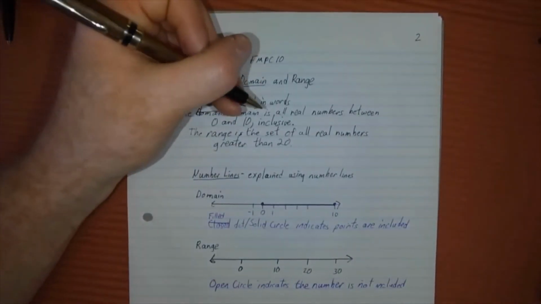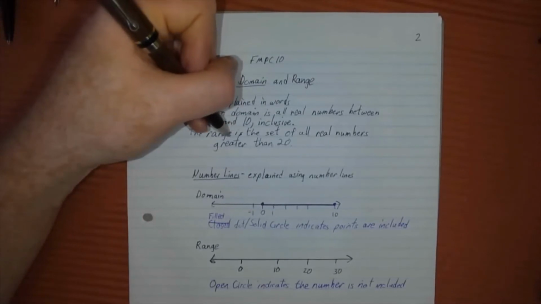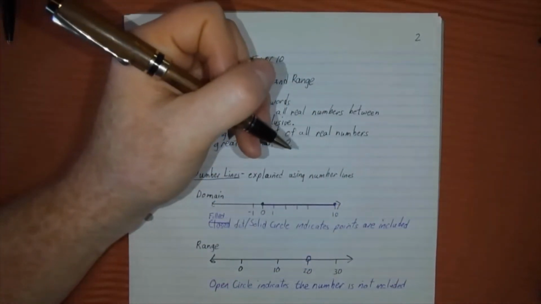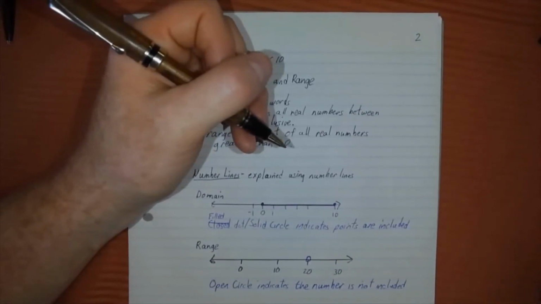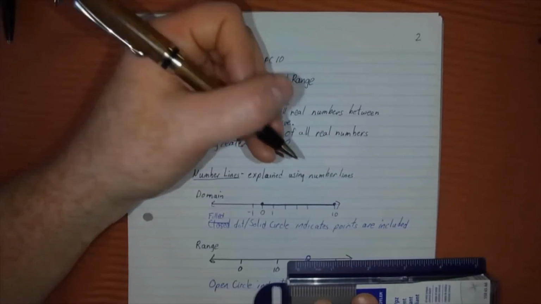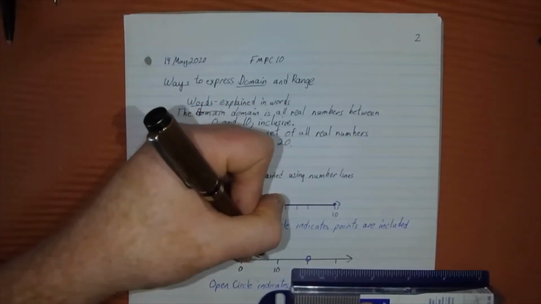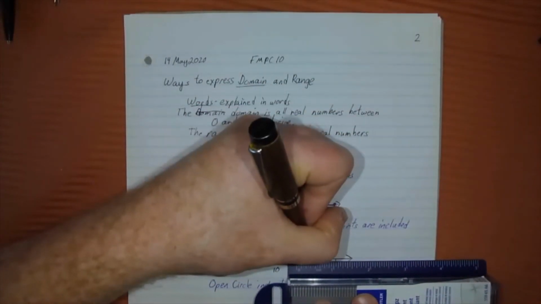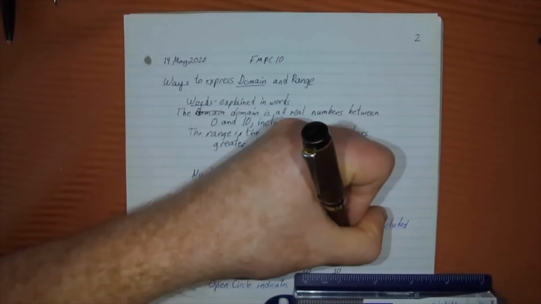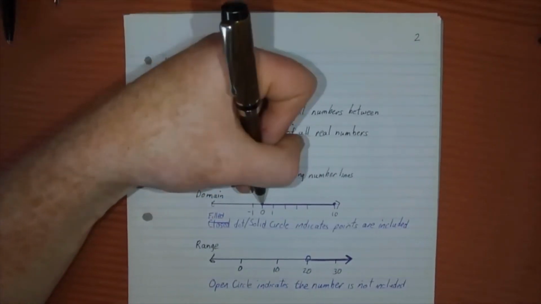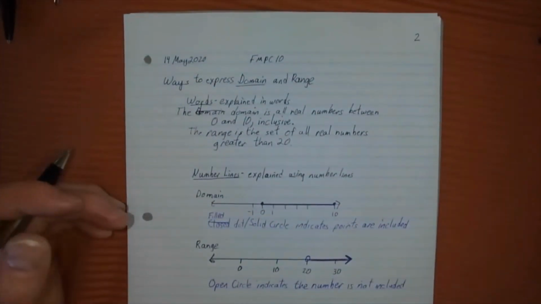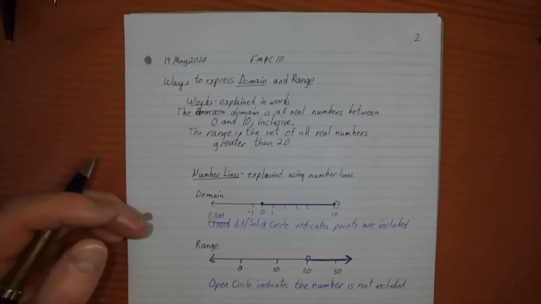So, in this case, the set of all real numbers greater than 20. It tells us that, okay, 20 is our limit, but we're never actually going to be at 20. We're going to approach 20 and closer to 20, and it's all numbers greater than. Well, 10 is not greater than. We'd have to go this way. Greater than. And we'd have to put an arrow because we're not setting an upper limit. In this case, we set a distinct limit between 0 and 10. All numbers greater than 20.